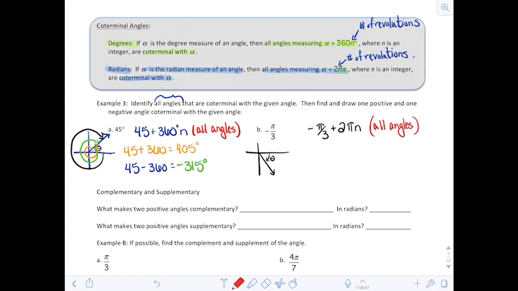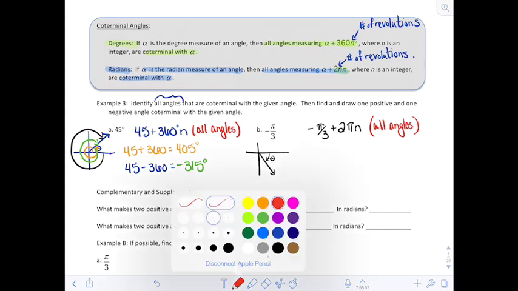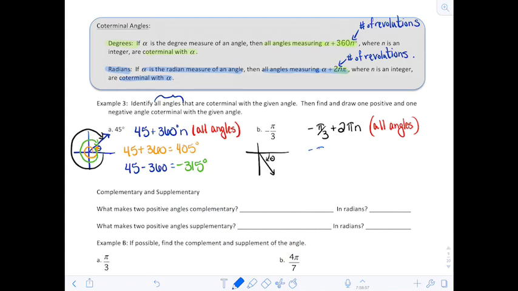Now, if I want one positive, just like we did before, I'm going to add 2 pi. Now here's where adding and subtracting fractions becomes a necessity. You're going to have to get a common denominator.